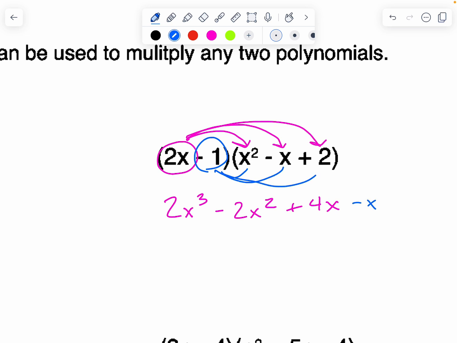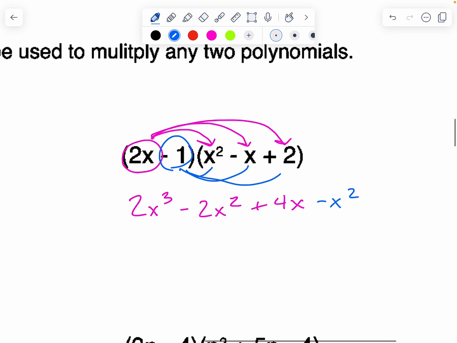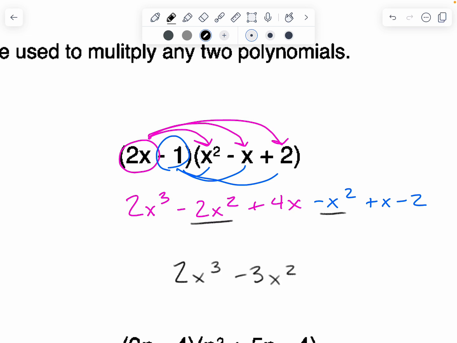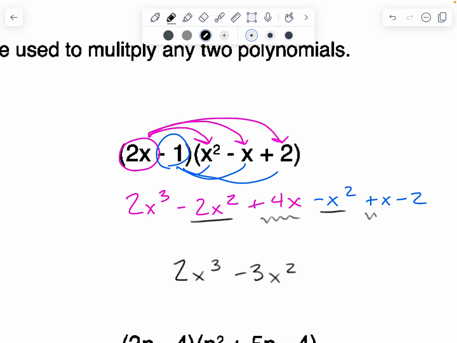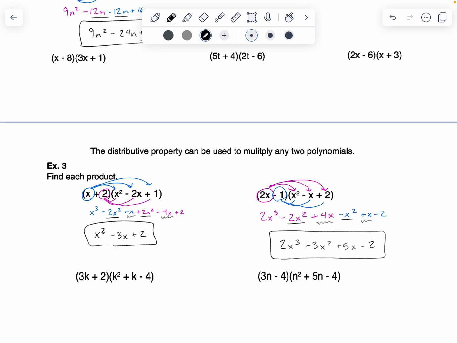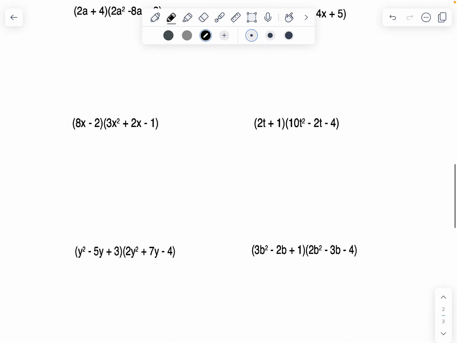So negative x squared plus x minus 2. Combine your like terms. That's your answer. We're going to look at one more type of problem.